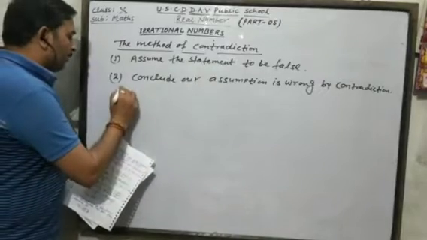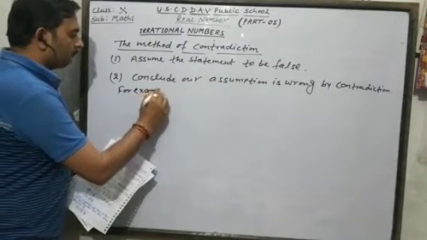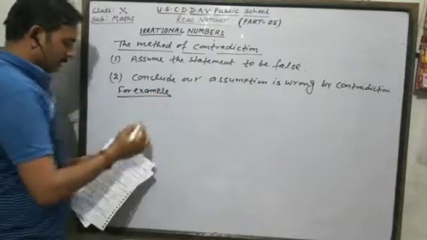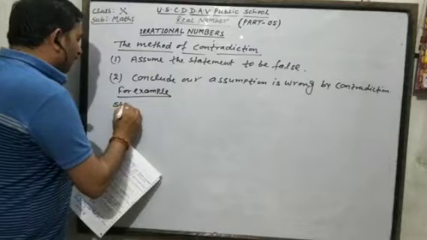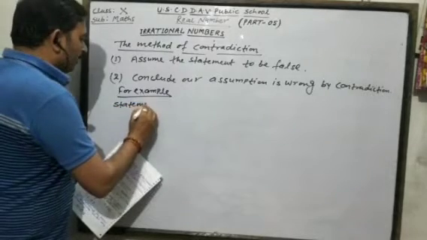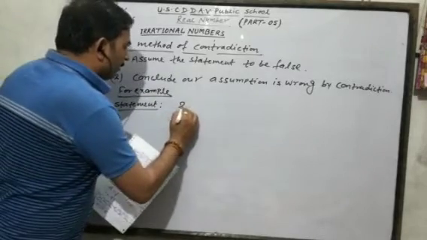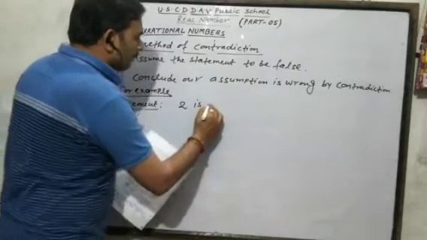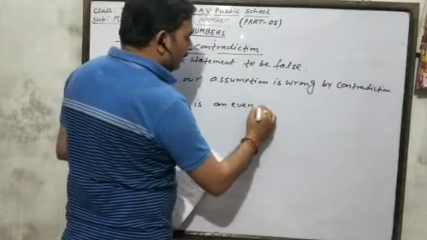For example, suppose the statement given is: 2 is an even number. As we know, 2 is an even number.